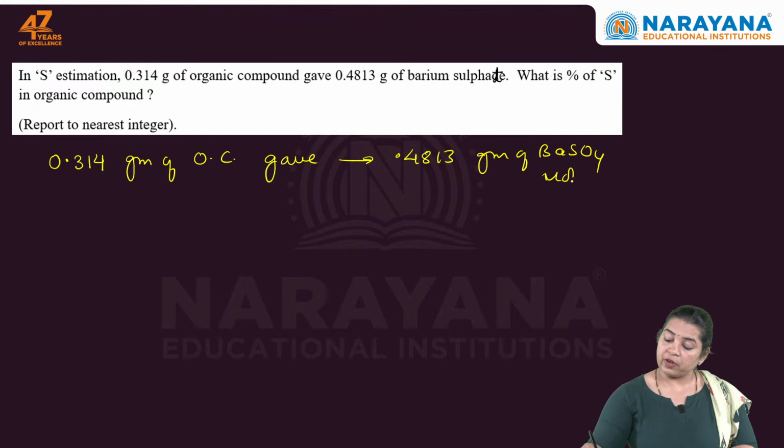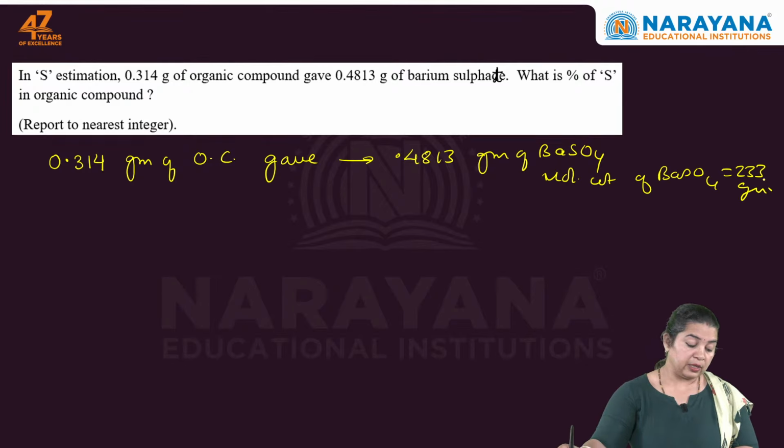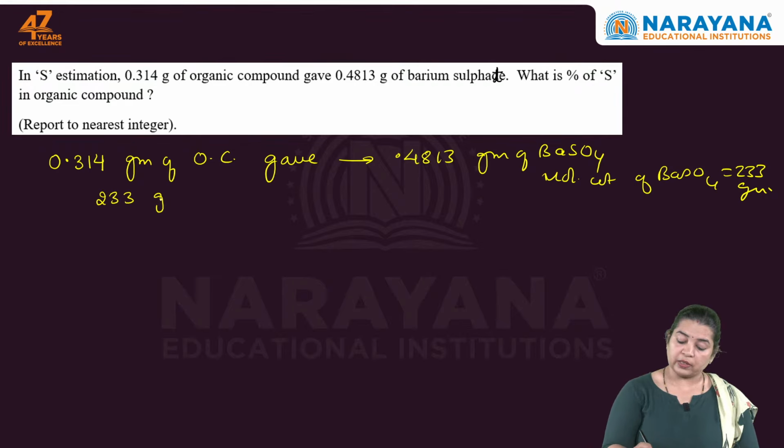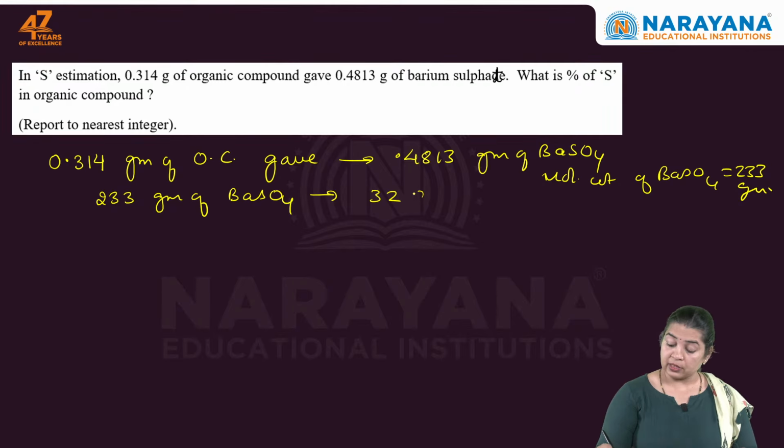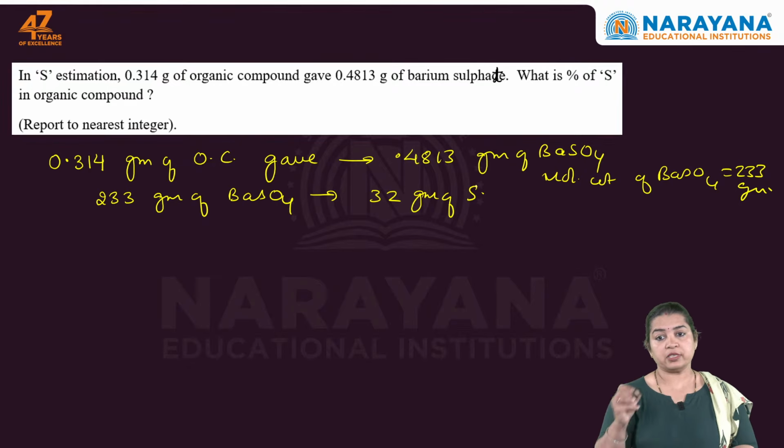Now, the molecular weight of BaSO4 we know is 233 grams. So if it was total 233 grams of BaSO4, in it we would have had 32 grams of sulfur.